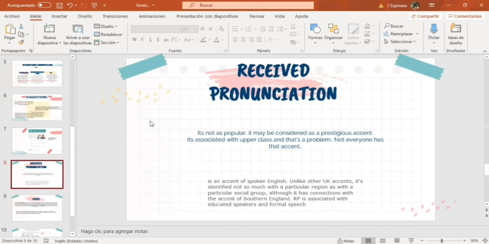It is identified not so much with a particular region as with a particular social group. Also, it has connections with the accent of Southern England. RP is associated with educated speakers and formal speech. So as we see, it is very rare for people to talk this way.